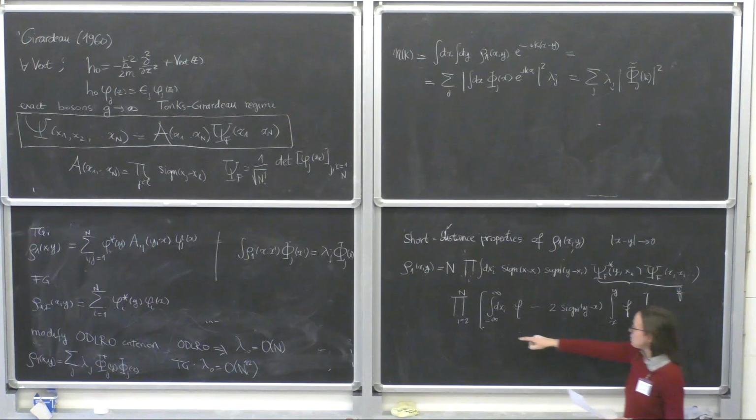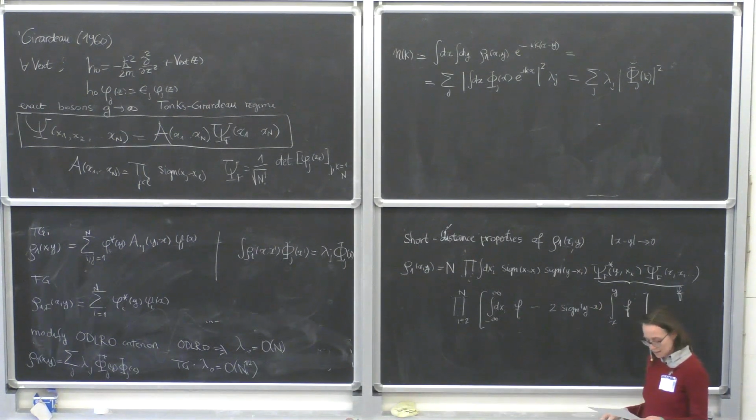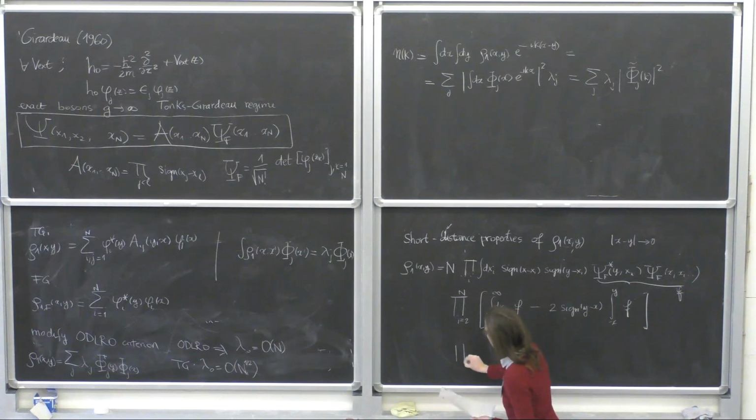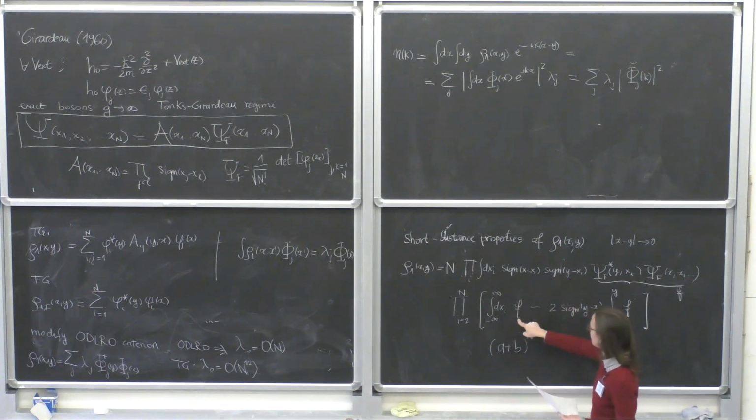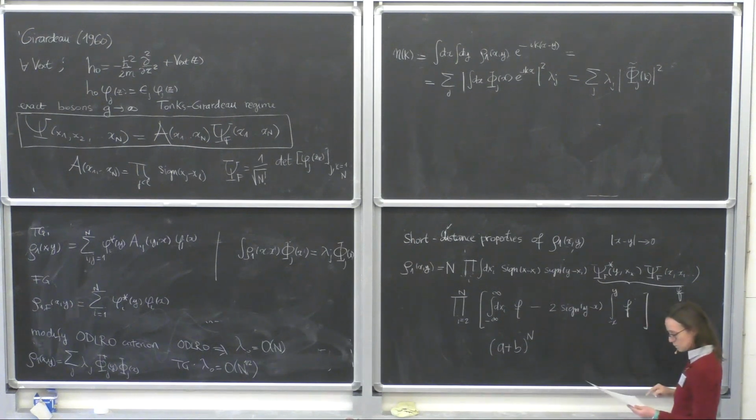Now this product looks like a binomial power series, something like a plus b to the power n, where a is this first part and b is this second part.